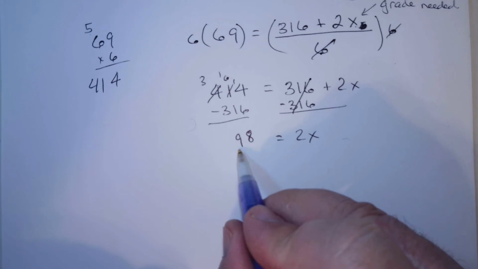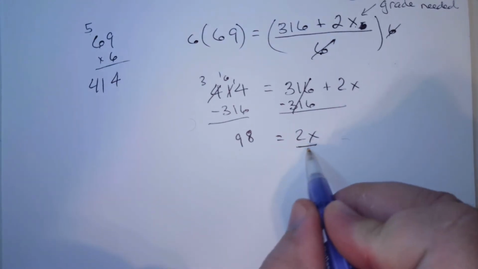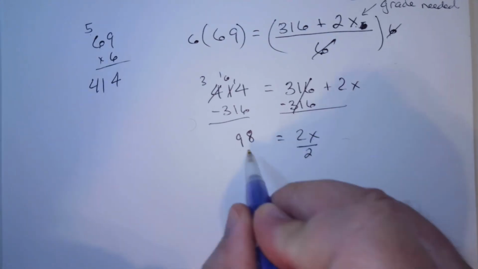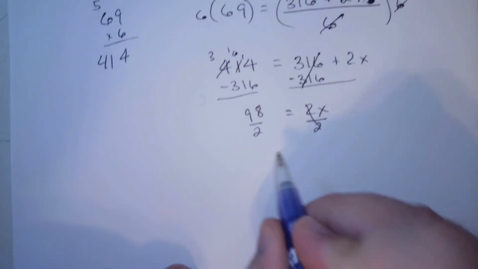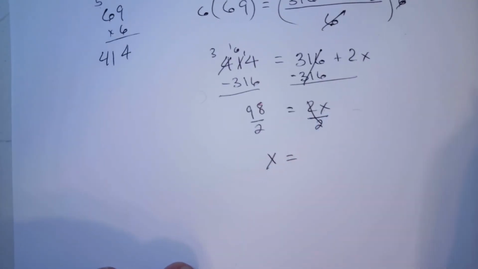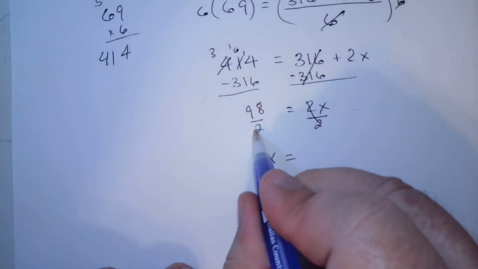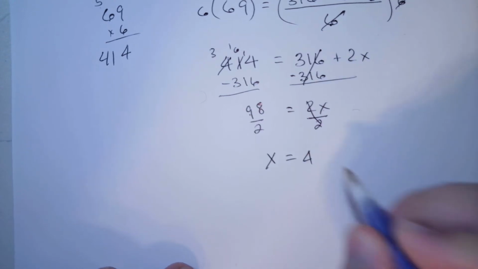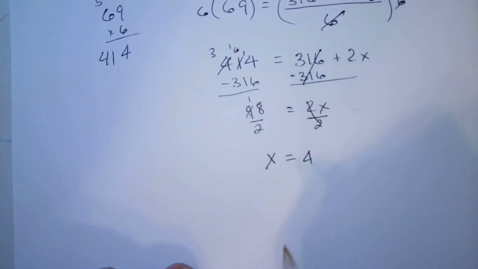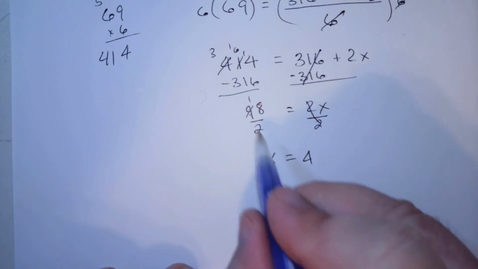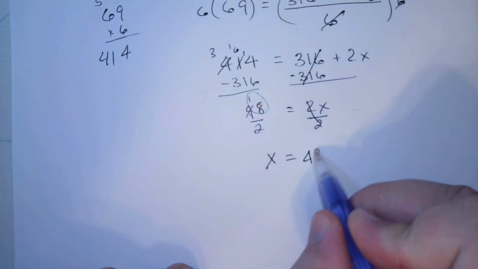So both grades together equals 98, so now to get the x by itself, we divide. Since they're multiplied, we divide by 2. Two goes into 9 4 times, with 1 left over. 2 goes into 18 9 times.